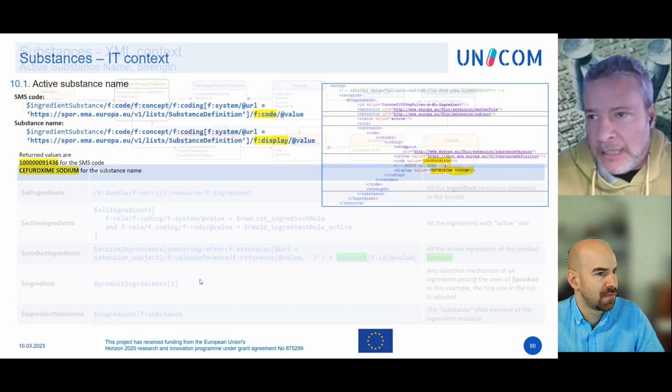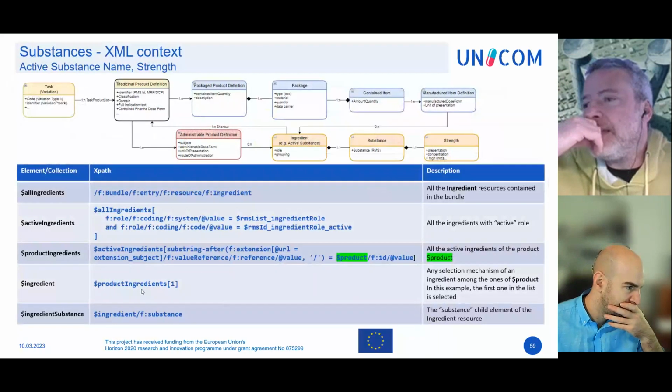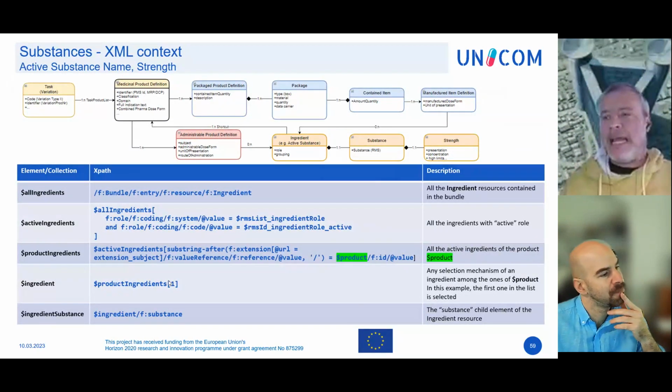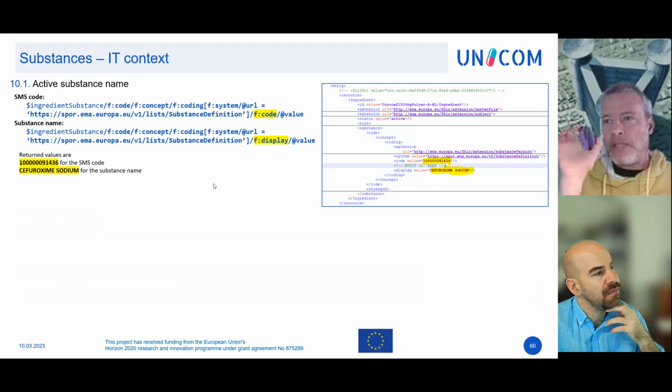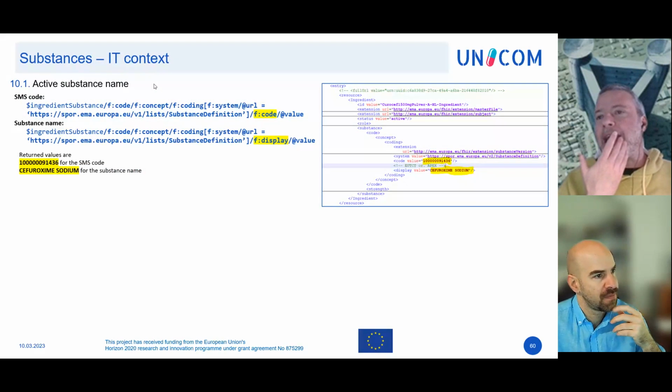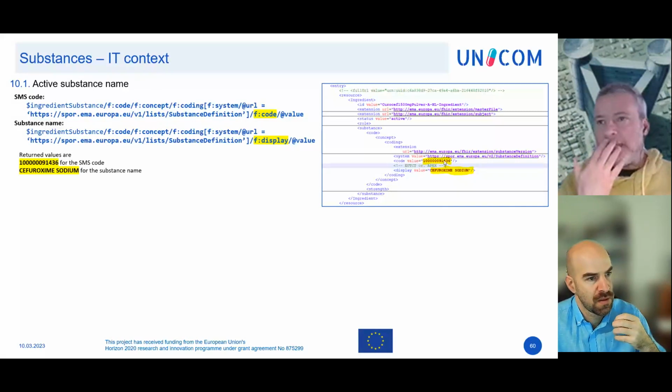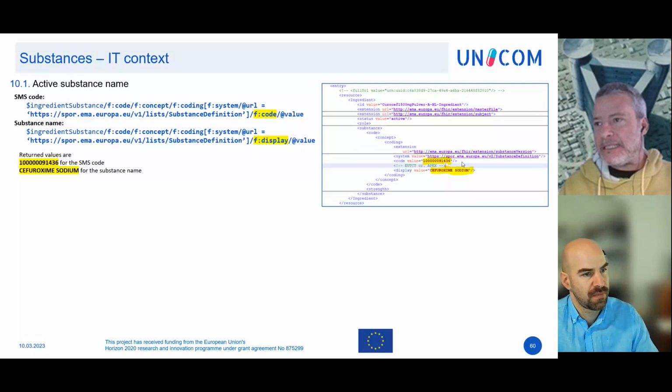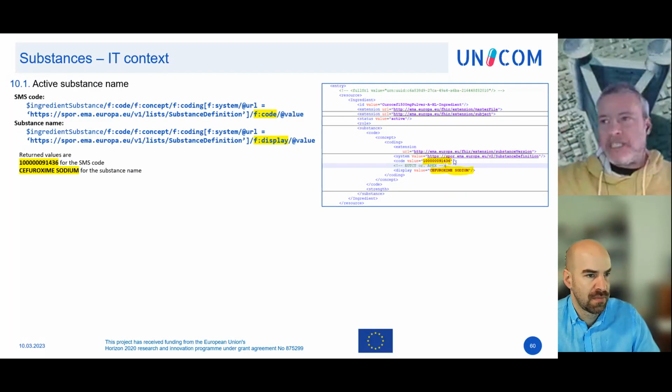And then we choose an ingredient using whatever elements we need, and we focus on its substance element. And starting from there, we can have the SMS code with the first query and the substance name with the second one. Once again, the change is only to the last element that we are querying to obtain one or the other.